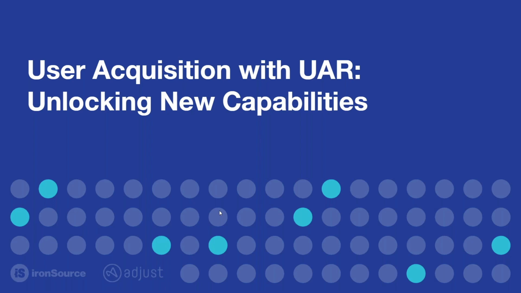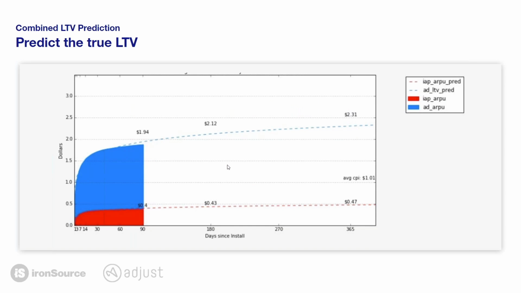Diving into some of the new capabilities that are really unlocked here, focused on user acquisition, though there's some insights I'm going to share in the end around ad monetization optimization as well. This is probably the biggest paradigm shift that this capability unlocks: before, you couldn't really build cohort analysis that includes all of your data.